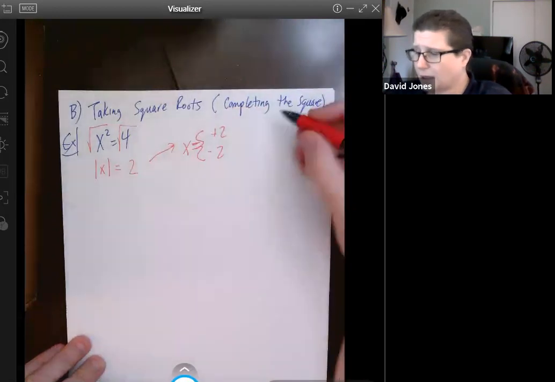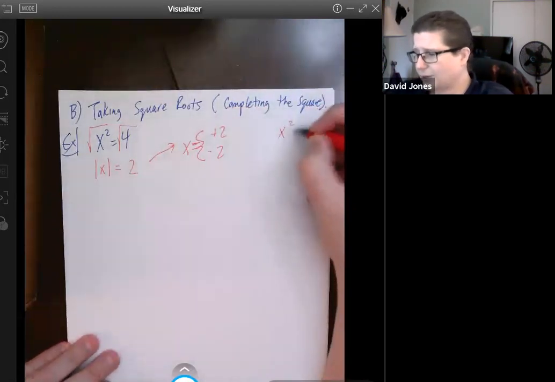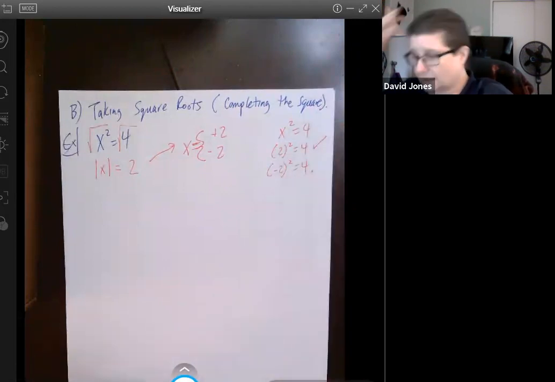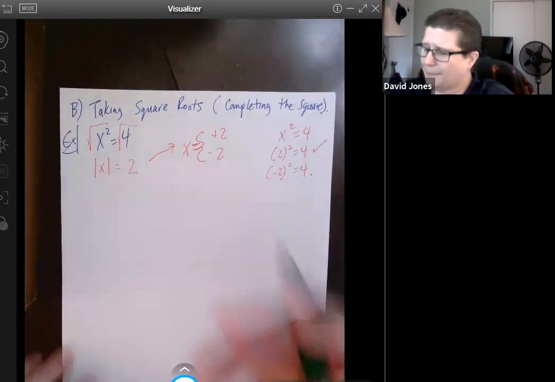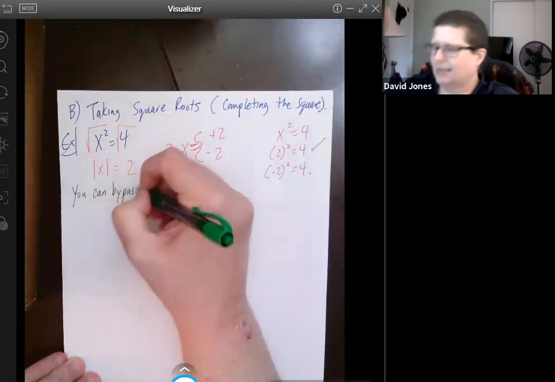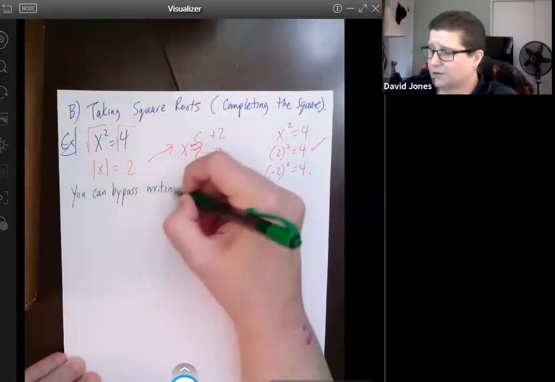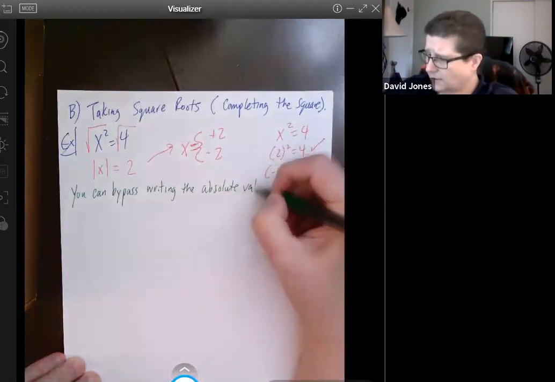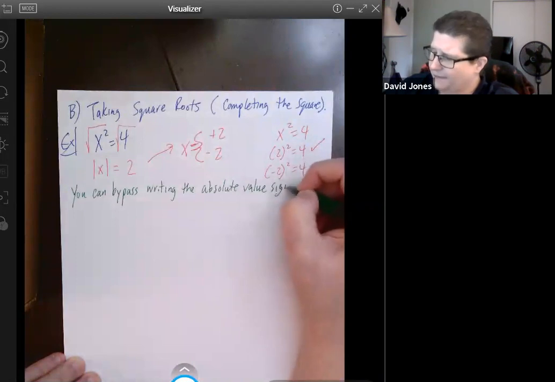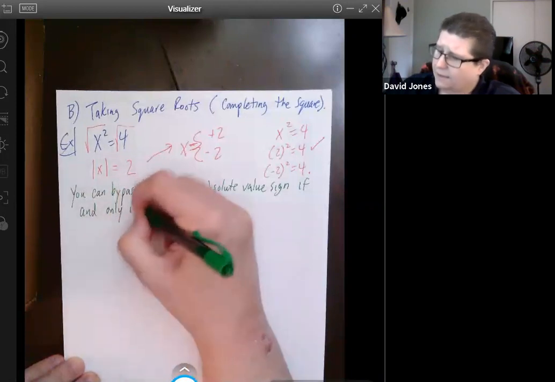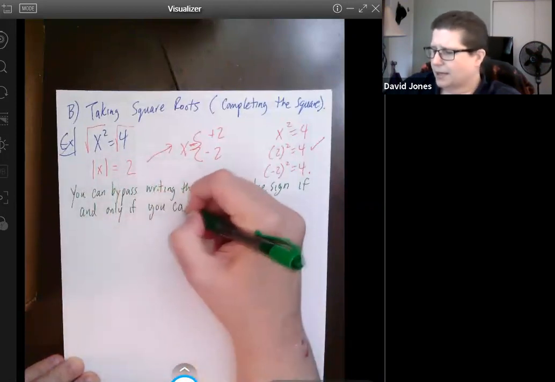And you'll notice if you plug them in, it works. x squared equals 4. If I plug in 2 squared, that equals 4. If I plug in negative 2 and I square it, that equals 4. So a lot of people bypass writing the absolute value sign, if and only if you can remember there is a positive and negative solution.